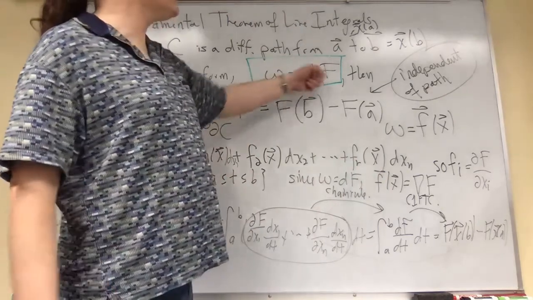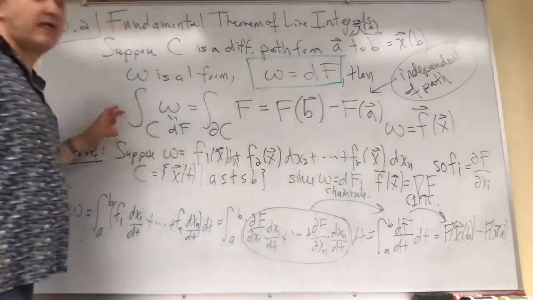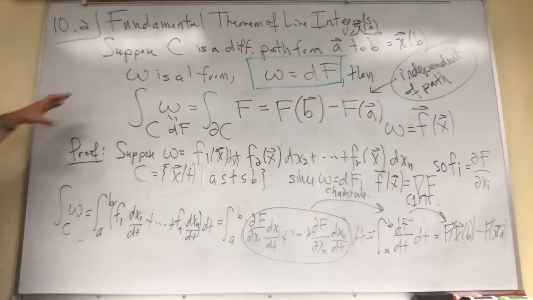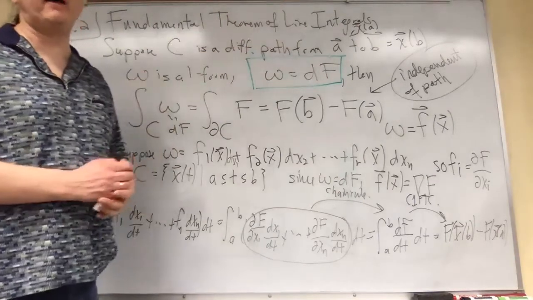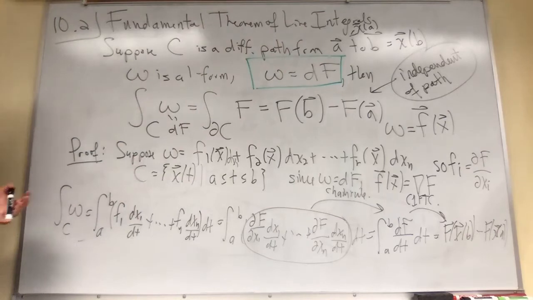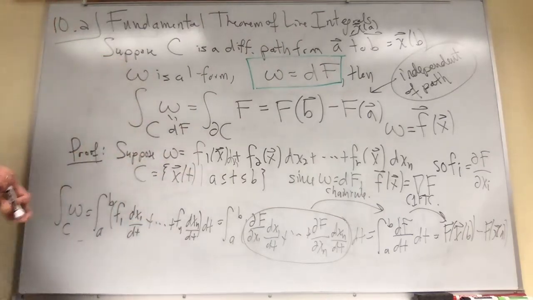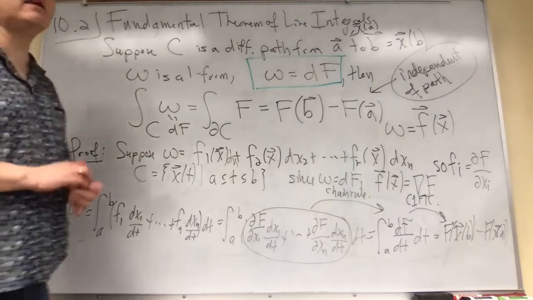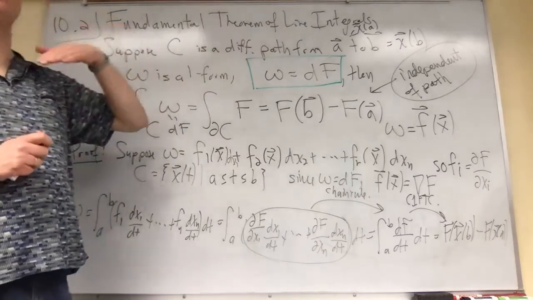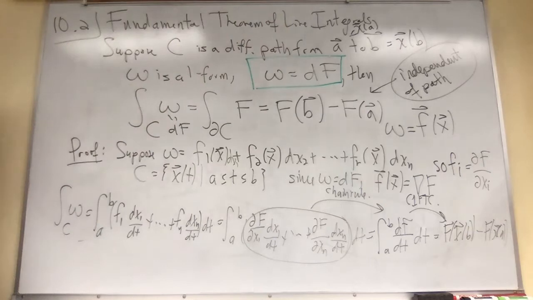If the one form is a derivative of a function, then the line integrals are independent of path. If your force field is the gradient of some function, then the work done from one point to another is independent of the path you take to get from one point to another.